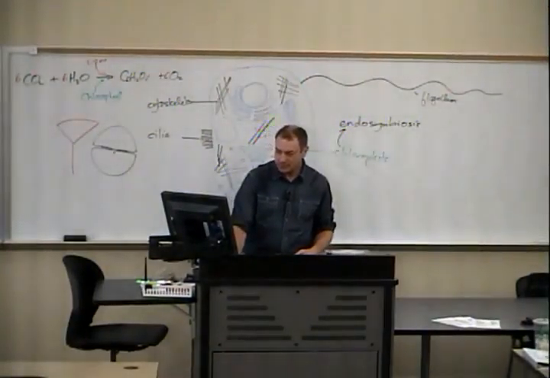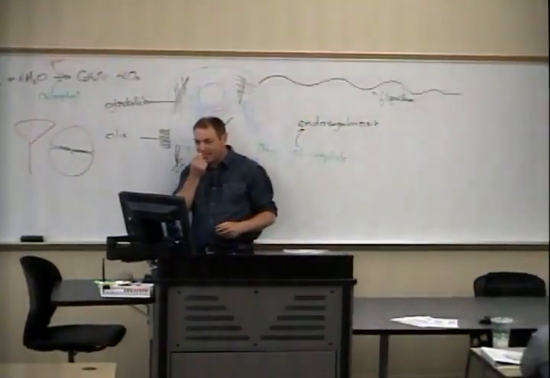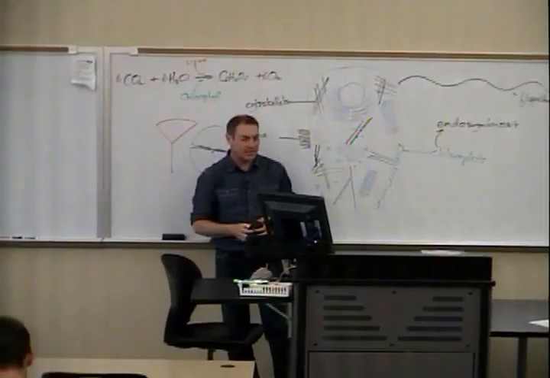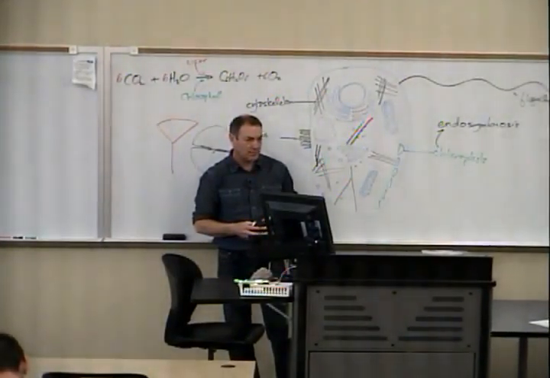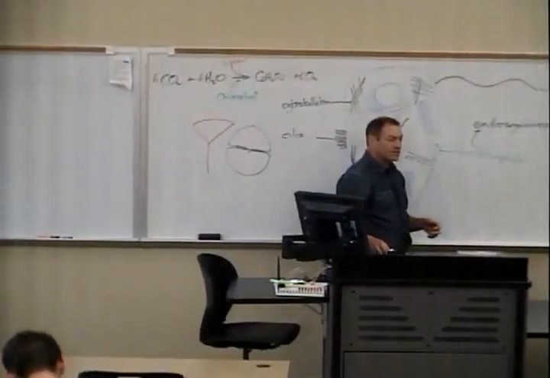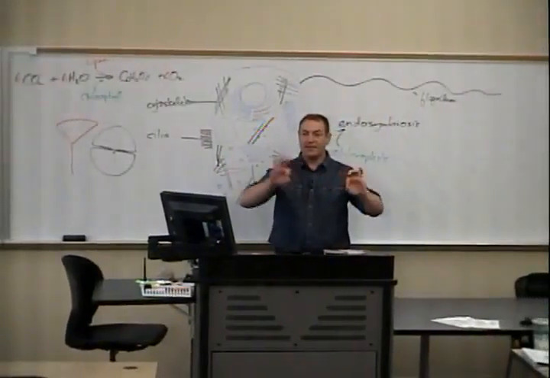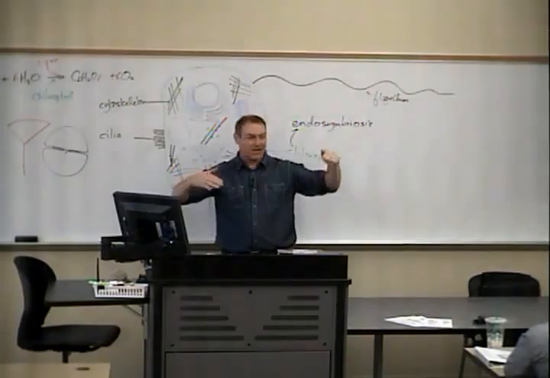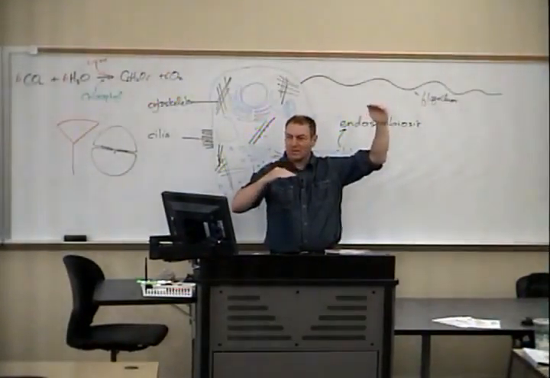Yep. All right, so let's have a look at this next component of the cytoskeleton, and that's intermediate filaments. They're called intermediate filaments because they're filaments, not tubes. But size-wise, they're in between the microtubules and the microfilaments.